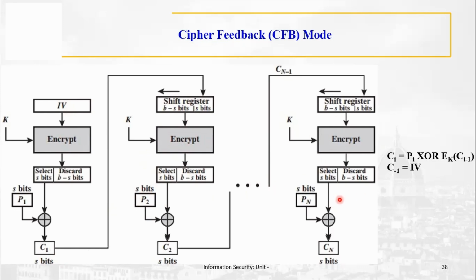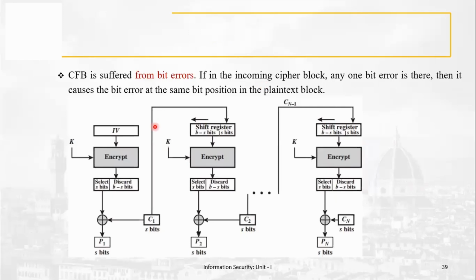This is how the cipher feedback mode will be executed, and this is the decryption part. It is the exact reverse to obtain the plain text. You get C1, that has to be decrypted first, right? And then it is provided to the encrypted part to produce the plain text.